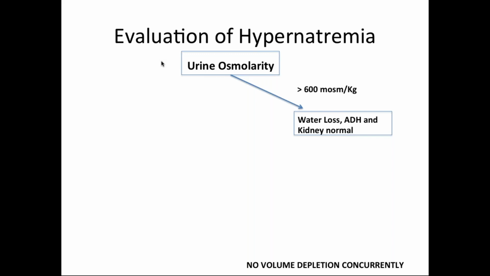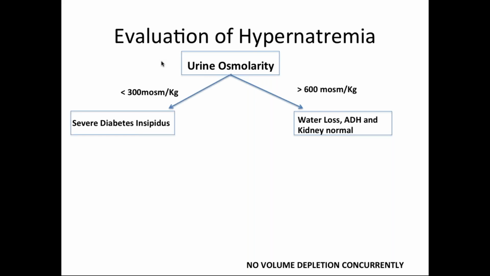So if the urine osmolarity is above 600 in the setting of hyperosmolarity and hypernatremia, then you know that the ADH and kidney are doing their job and there is no other abnormality related to that. And this person has only had water loss from whatever reason, whether it is GI or urinary or skin or respiratory, and was not able to fulfill the intake that he required, and so has developed hypernatremia, and no further workup is needed in this situation.